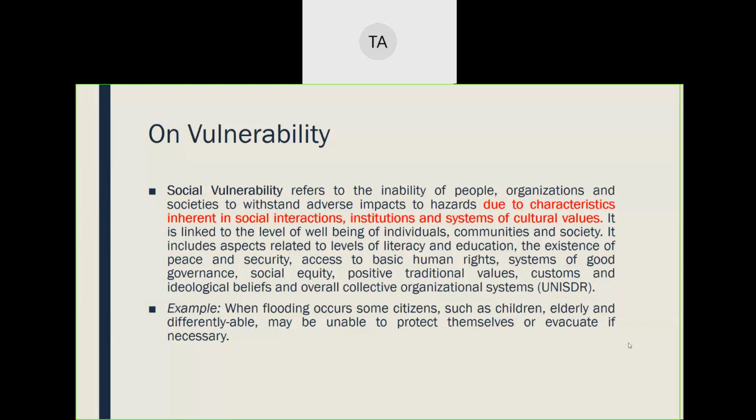It depends upon everything we see in the society, like their per capita income also. If there is more income and more economic growth in the society, we can say there is less vulnerability in the society.